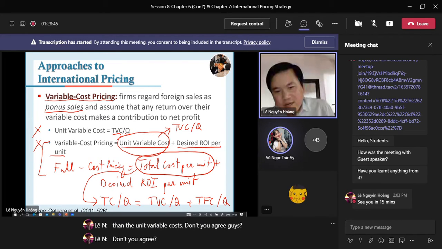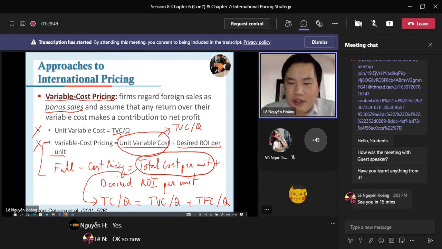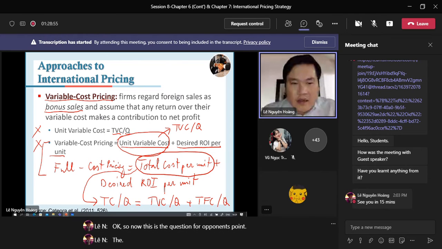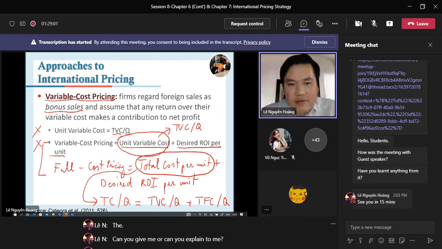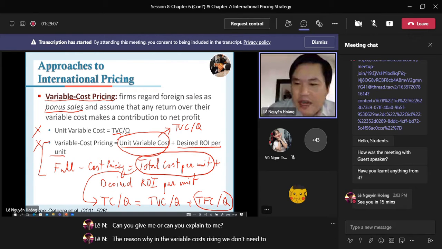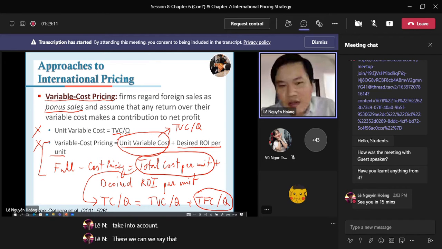Okay, so now this is the question for opponent's point. Can you explain to me the reason why in variable cost pricing we don't need to take into account the unit fixed cost?